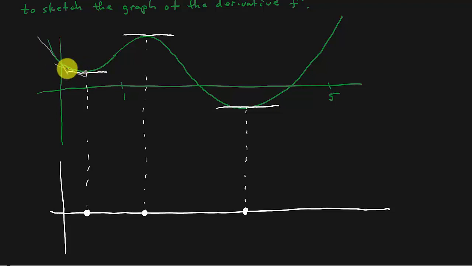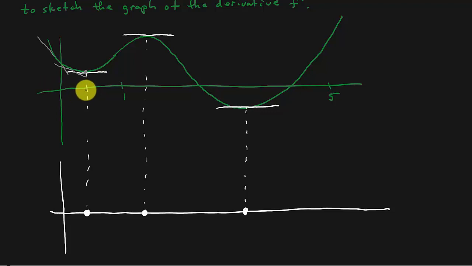But as I'm drawing these tangent lines, notice the slope of the tangent lines. These tangent lines here, those slopes would be negative. So the derivative would need to be negative. F prime would be negative for all the x values that are less than this one.